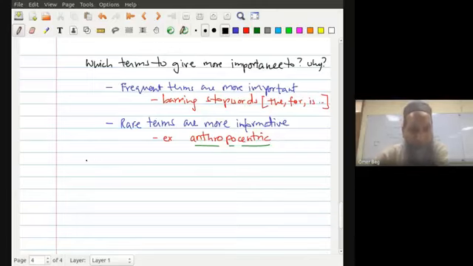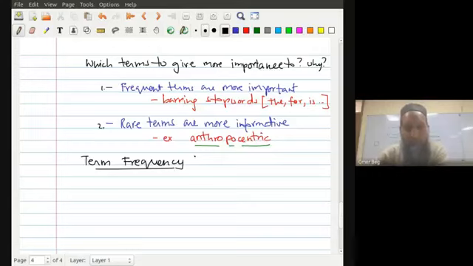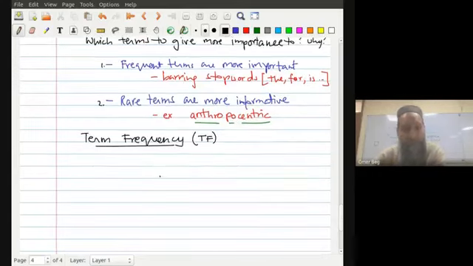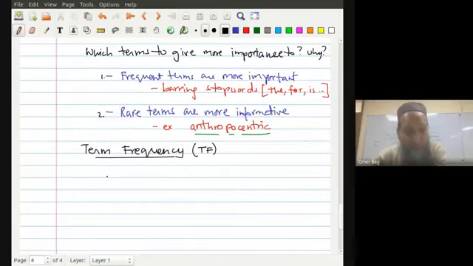See? So that brings us to term frequency. We are going to tackle each one of these one by one. Term frequency and how we measure it. Term frequency is generally called TF. You may have heard of it at some point. This is the raw count of a term in a document.